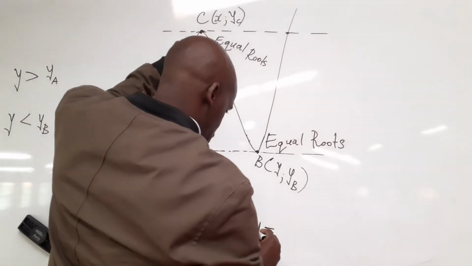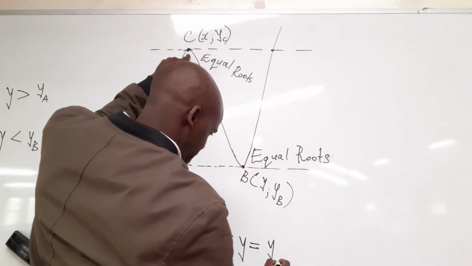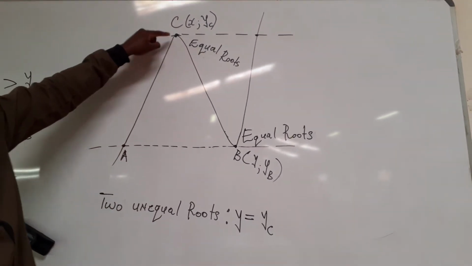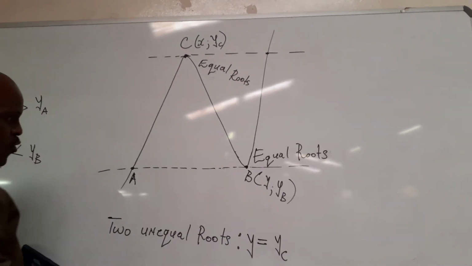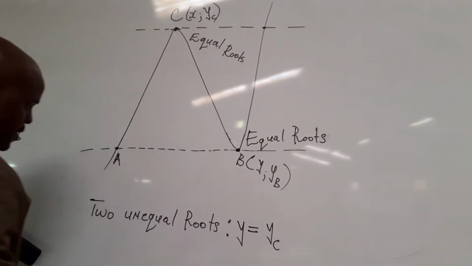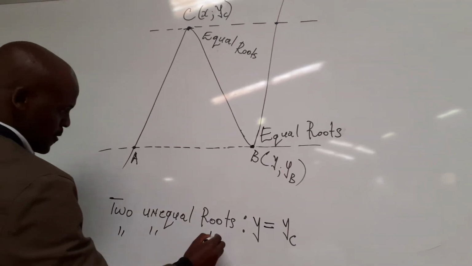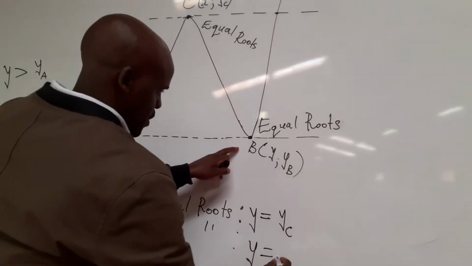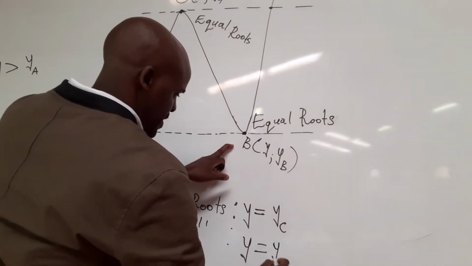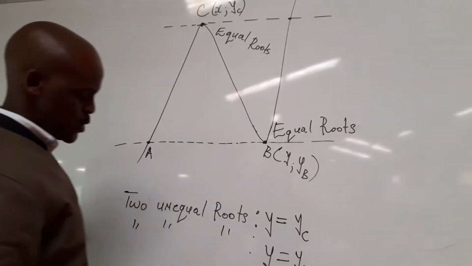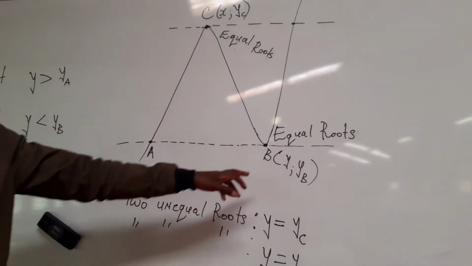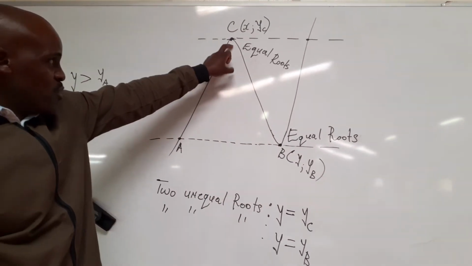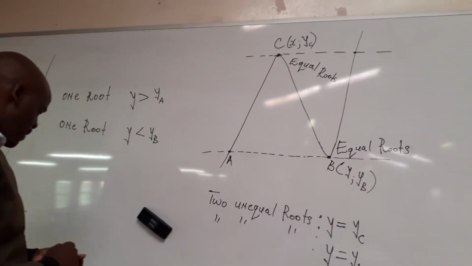It's where y is equal to y at point C. For us to have two unequal roots, y must be equal to y at point B, y must be equal to y at point C.